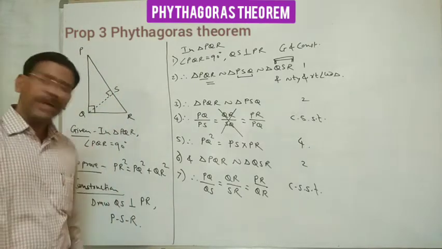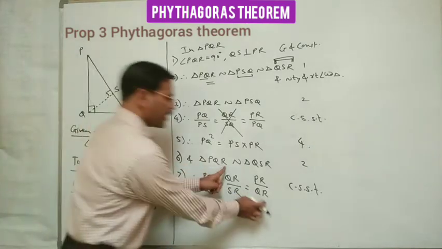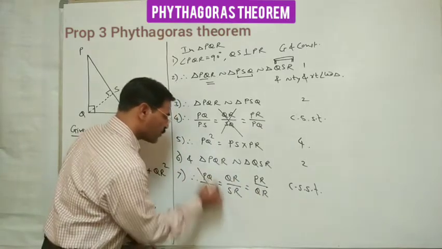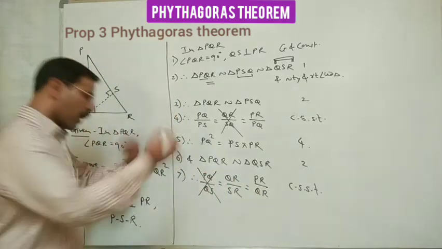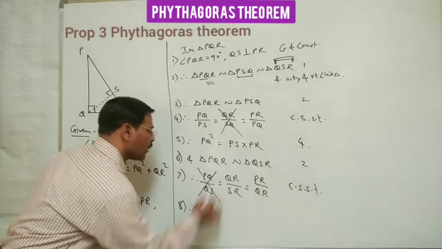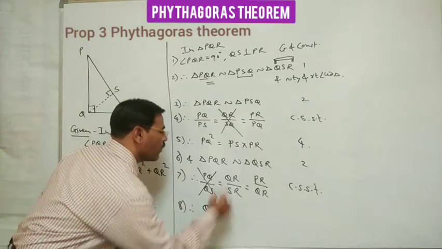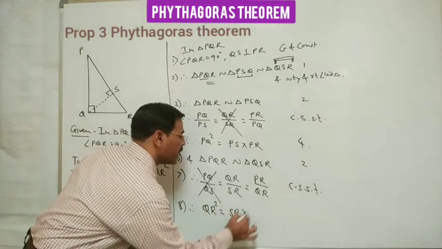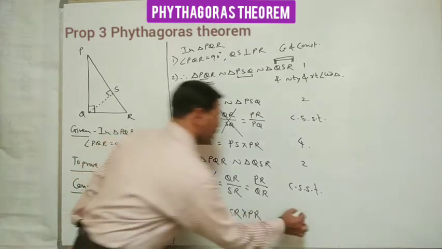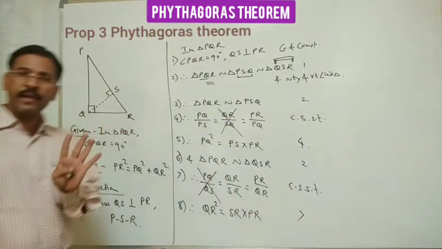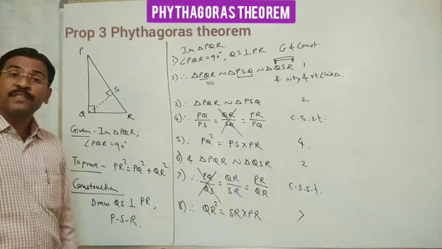Look here, what we need? We need only QR. So the first one, no need to take. Again go with cross multiplication. What will we get? QR square is equal to SR into PR. This is from 7. Okay, this is not the finish of this proof.